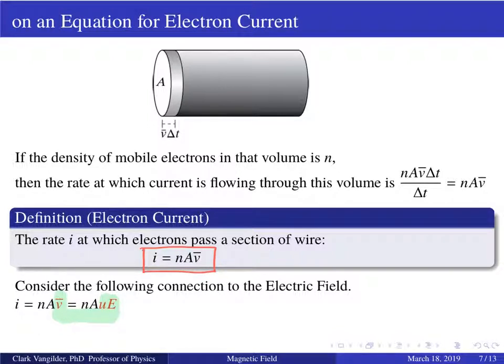I could get out a micrometer and measure its diameter, and I would know the cross-sectional area, right? And then the density number is a material property. So N and u are material properties. A is a geometric property, cross-sectional area, and E is a variable I control, how much voltage, the electric field is going to be proportional to the voltage. Okay? And we can control the voltage that's applied.